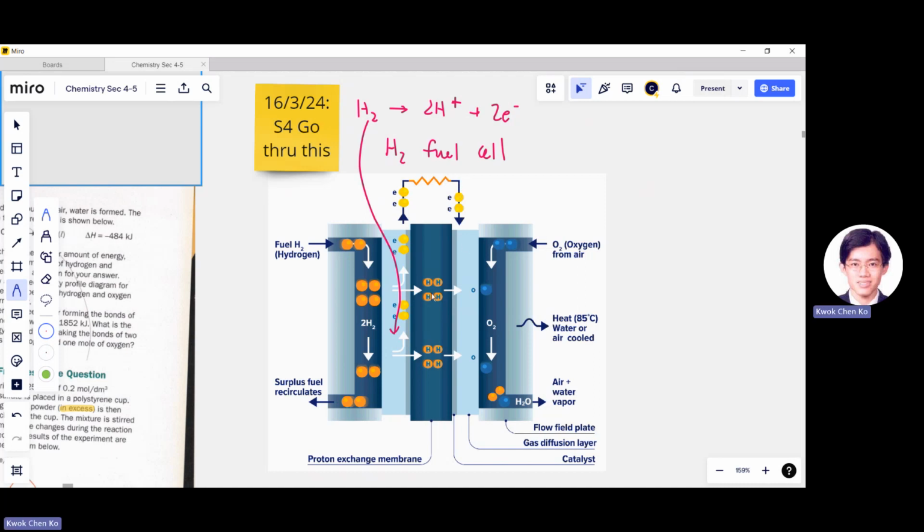But that's not the end, right? Because your H+ will move across the electrolyte. Actually, this is the electrolyte.